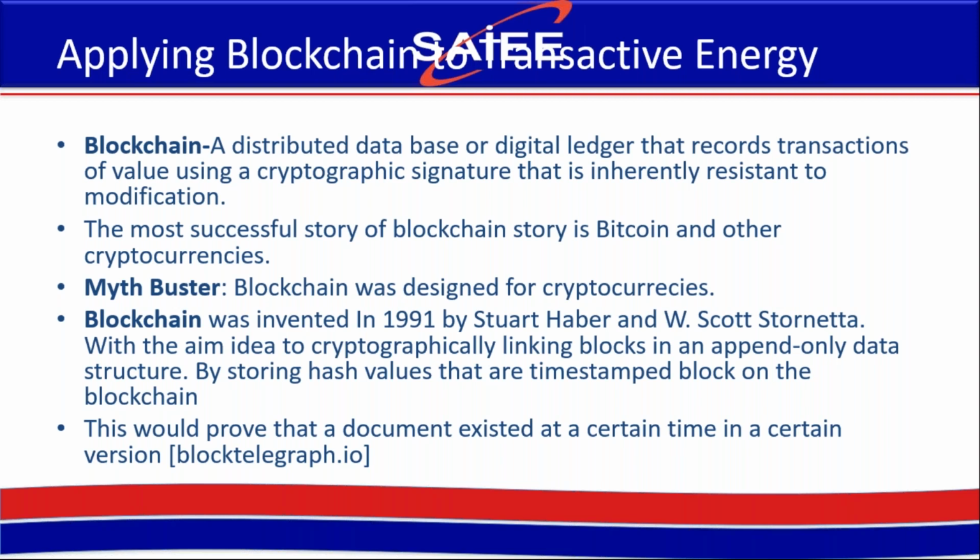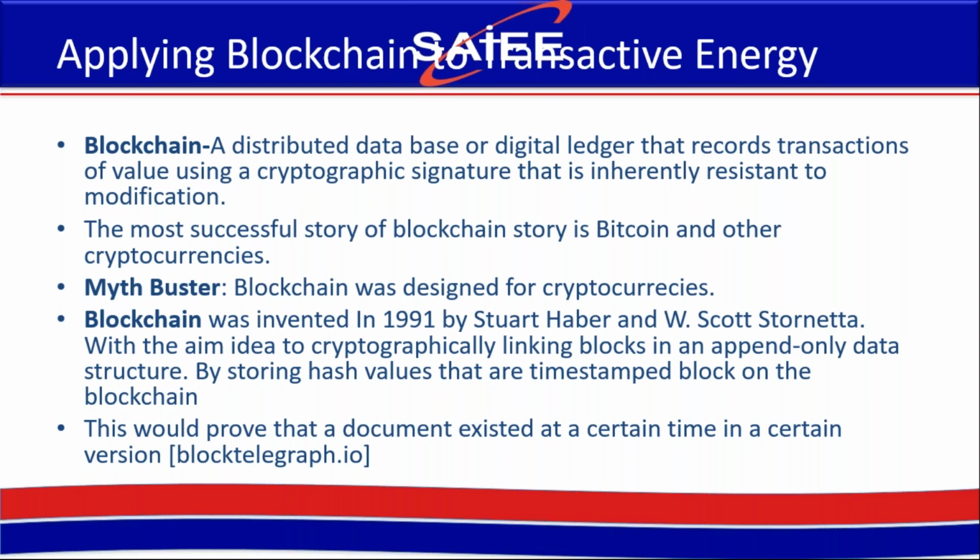Blockchain was invented in 1991 by Stuart and Scott with the aim of cryptographically linking blocks in an append-only data structure by storing hash values that are timestamped blocks on the blockchain. So they tried to have a digital signature that you cannot change.